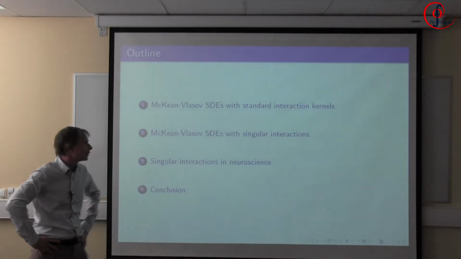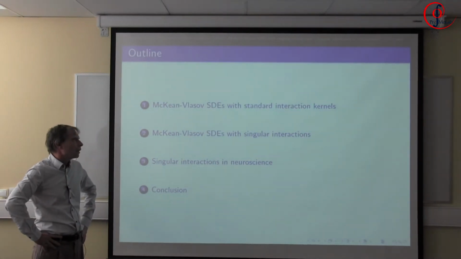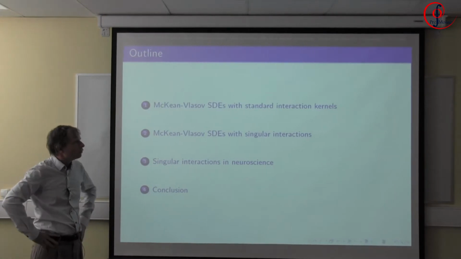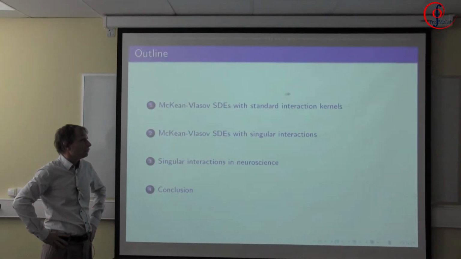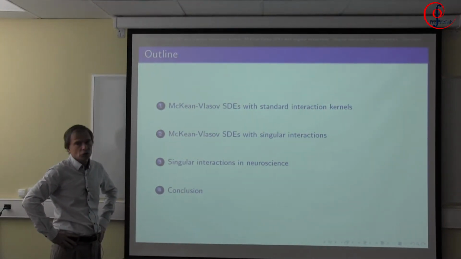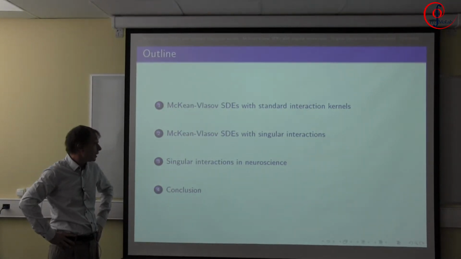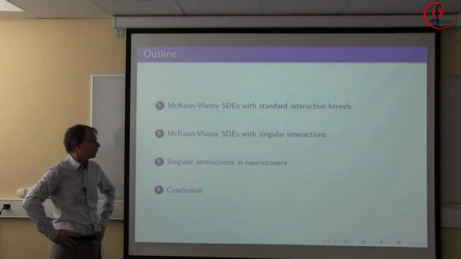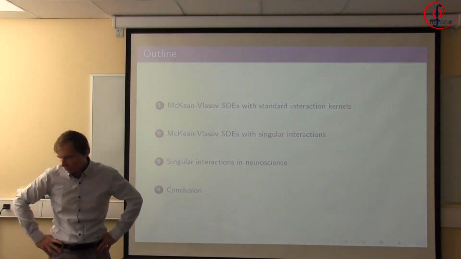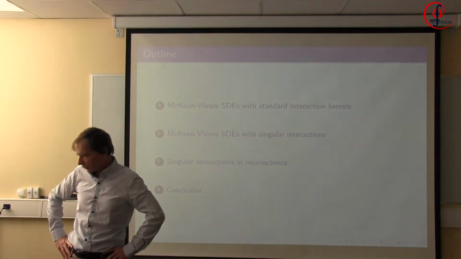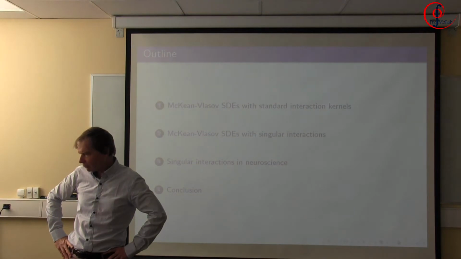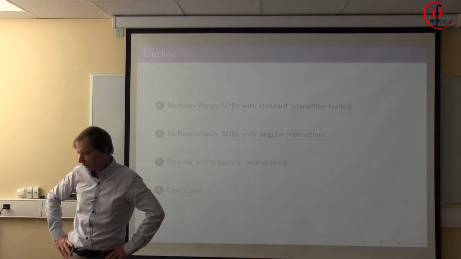They come from physics, and I will tell you parts of the difficulties which arise due to the singularities. And then I will focus on singular interactions coming from models of membrane potentials in neuroscience.